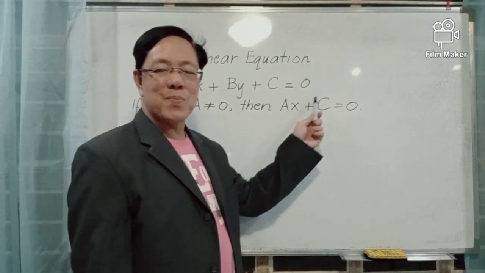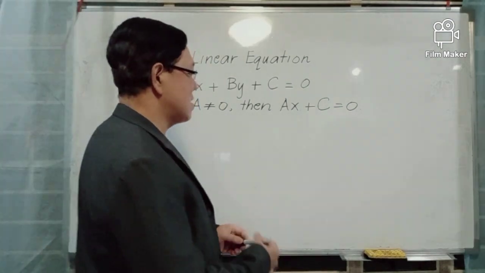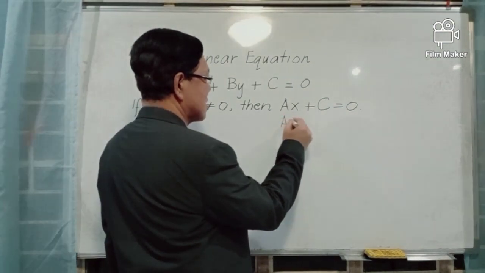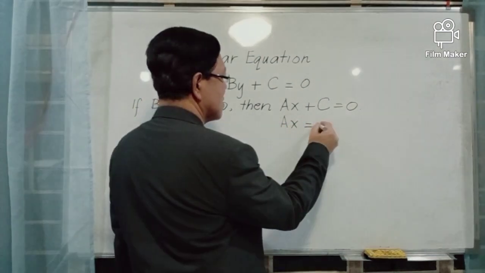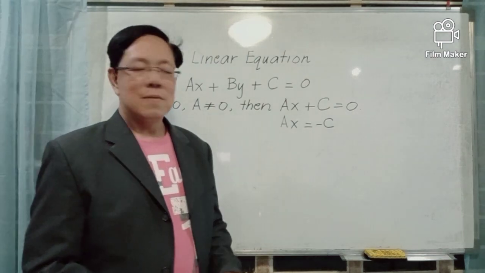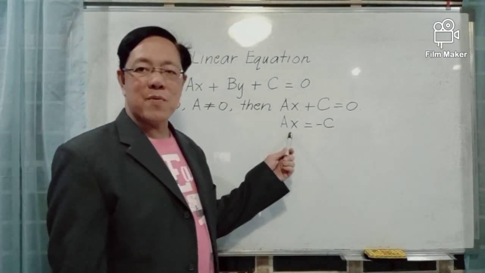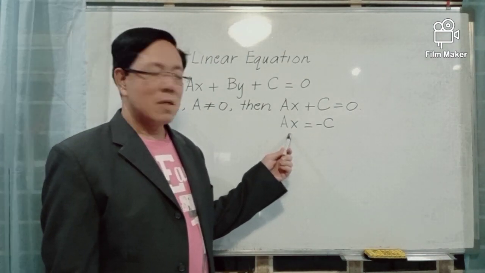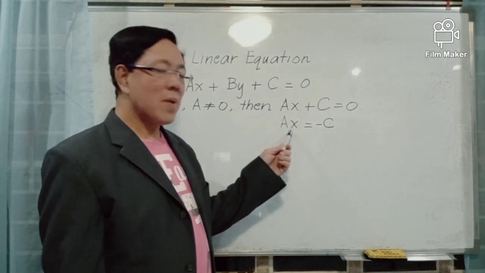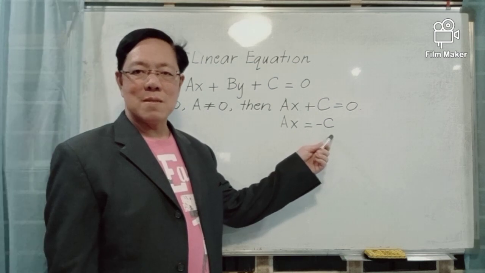Again, we first transpose the constant term to the right-hand side of the equation, and we get ax equals negative c. The coefficient of x in the solution must be 1. If a is 1, then the value of x equals negative c.